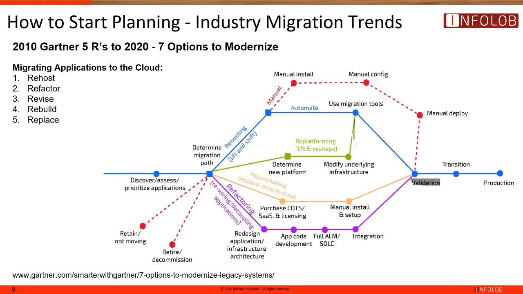Primarily, we're going to focus on the fact that you're going to either rehost or replatform when you're moving to Oracle Cloud Infrastructure. You could also refactor or re-architect to a container-based mode, or you could repurchase and replace, moving to a SaaS situation. But we're going to focus on rehosting and replatforming.